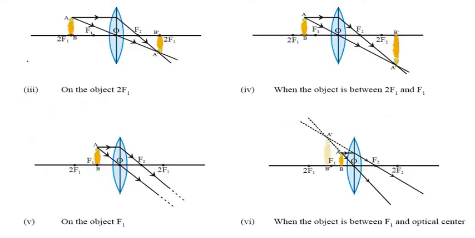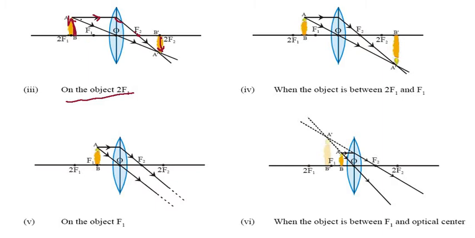Now come to the next. When the object is placed at 2F1, AB is the object, and A dash B dash is the image. You can see here there are two laws. First, a ray parallel to the principal axis, after refraction, passes through the focus.